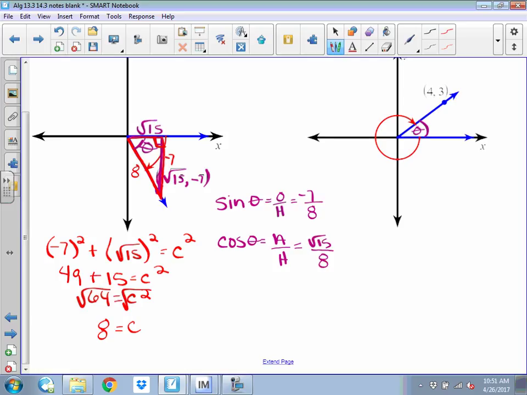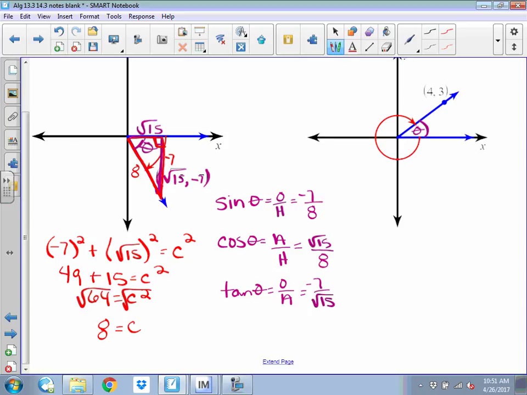Is it okay to leave it square root of 15 over 8? Yes, it's okay. It's on top. It's fine. It's only a problem when it's where? At the bottom, the denominator. Tangent is opposite over adjacent. Opposite is negative 7. Adjacent is square root of 15. Is that good? No, what do we do? Multiply the bottom by the square root of 15.